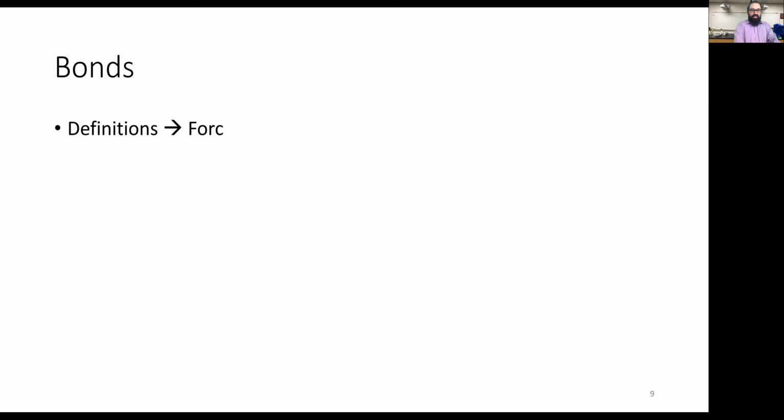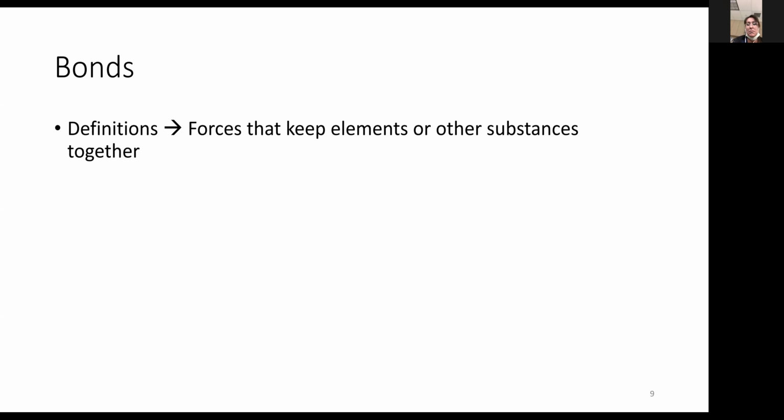It's forces that keep your elements or other substances together, right? And so you need to know the types that at least I covered in my lecture. Oops, not typed, types, right?